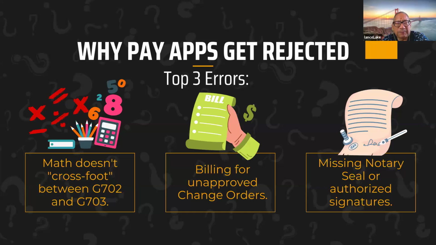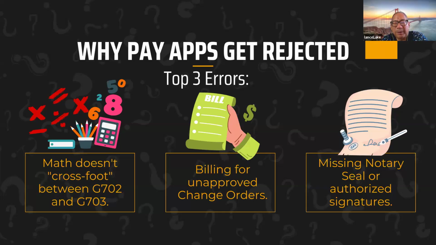Or there's billing on the sheet for unapproved change orders. So the contractor's billing for change orders that maybe were verbally approved, but there's nothing in writing. So I would reject that pay application. Or there's missing information or missing things.